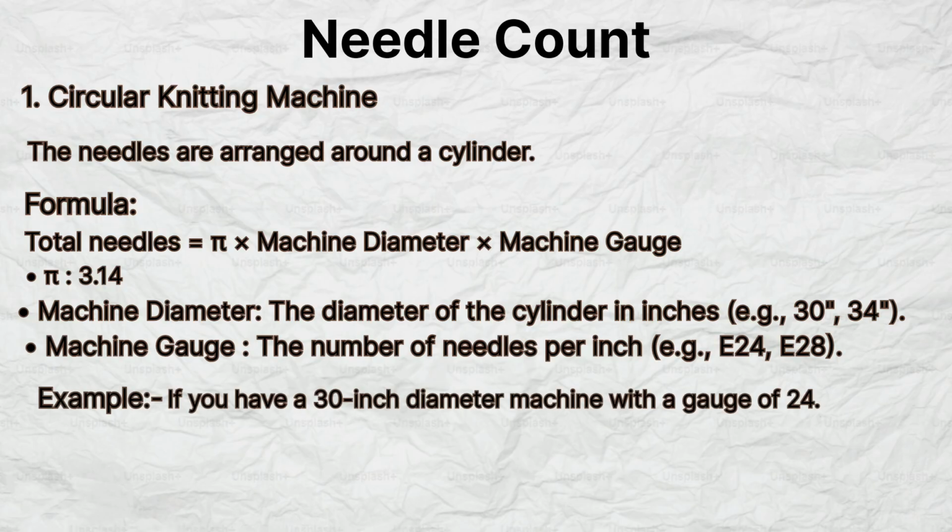For example, if you have a 30-inch diameter machine with a gauge of 24, then by multiplying the values we can get the total number of needles, like 3.14 into 30 into 24, then the answer is 2261 needles in that machine.